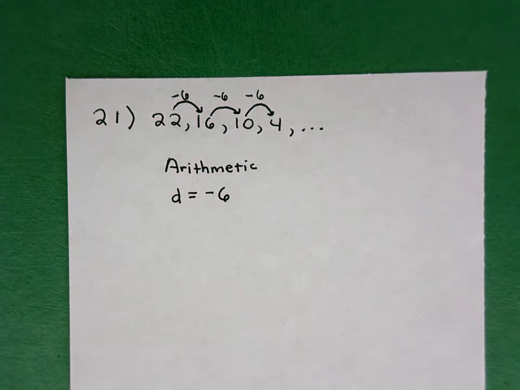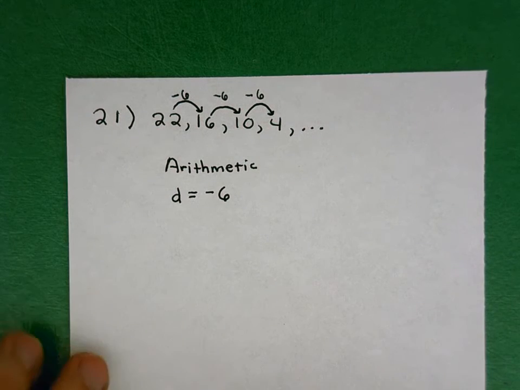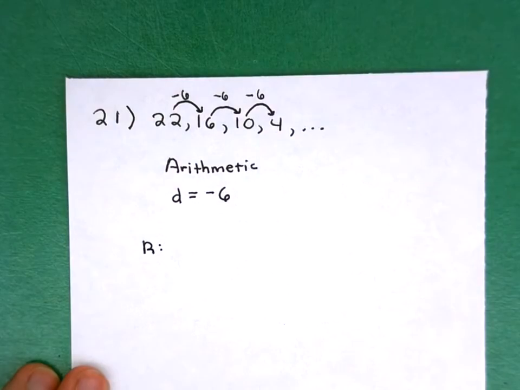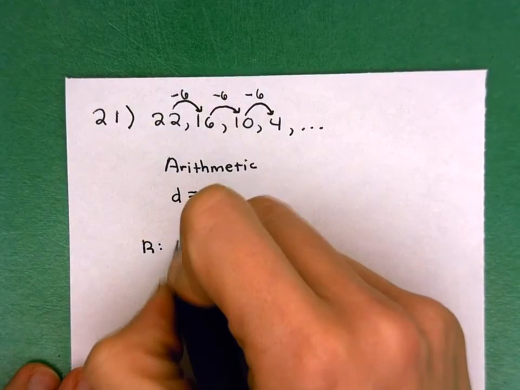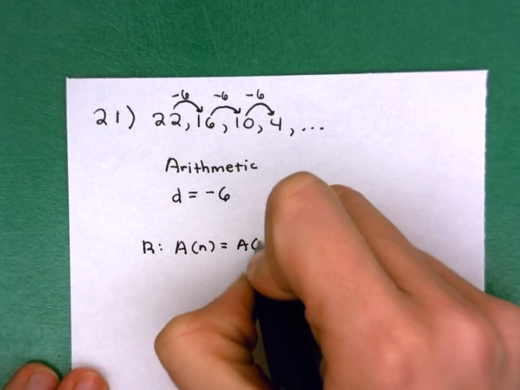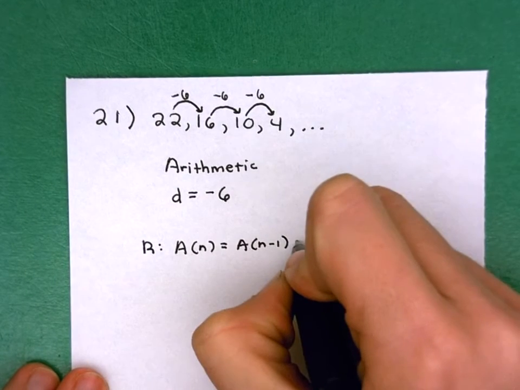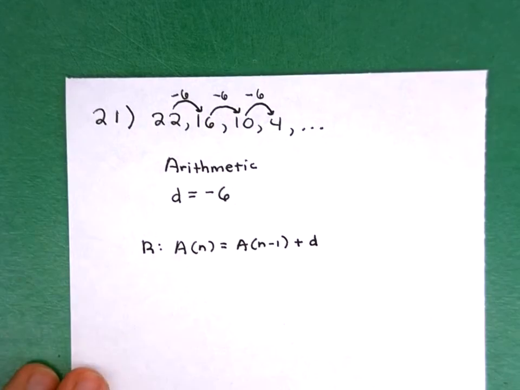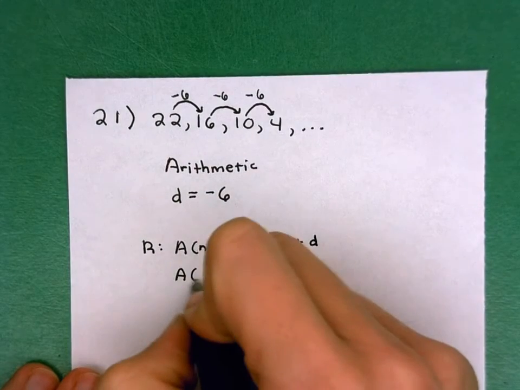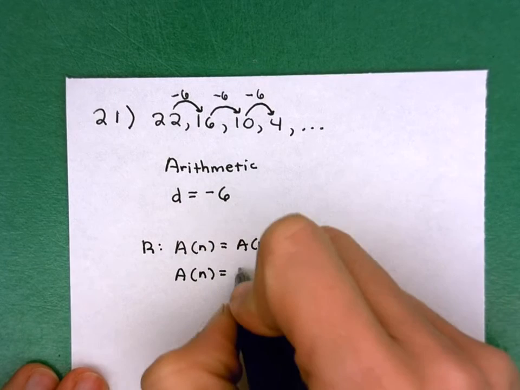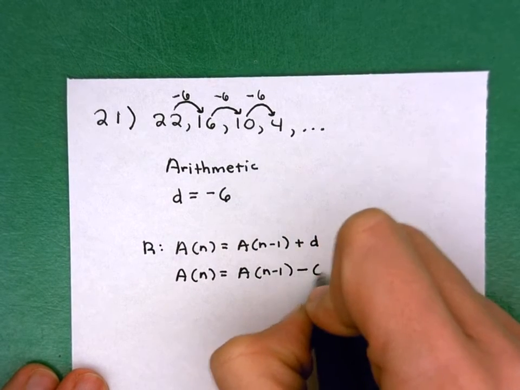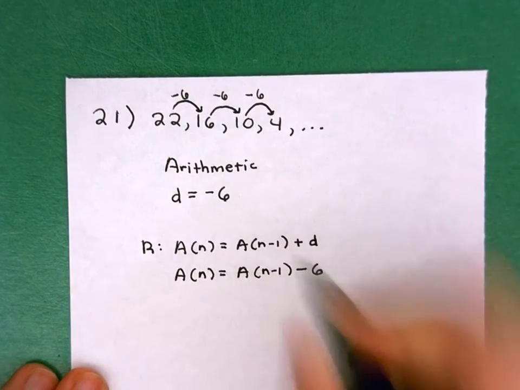And so we're going to use that fact then to construct our recursive and explicit formulas. Okay, so the recursive formula, I'm going to go ahead and put R for recursive, is A of n equals A of n minus 1 plus my d. And so for this particular sequence, this would make my recursive formula then A of n equals A of n minus 1 minus 6, because my d is negative 6.